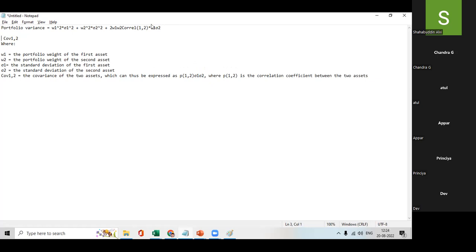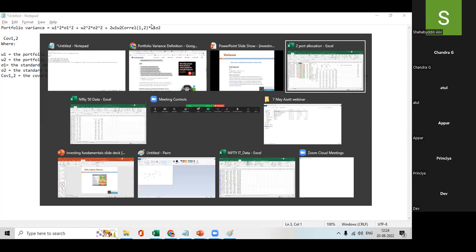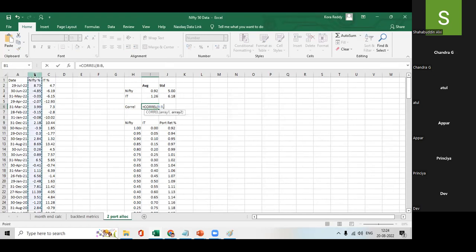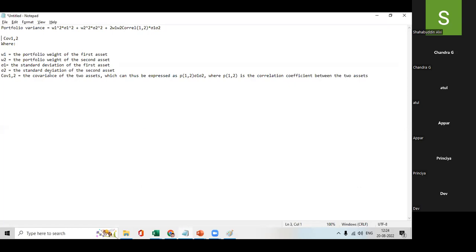We have everything else. Okay, the standard deviation is the variance square root.